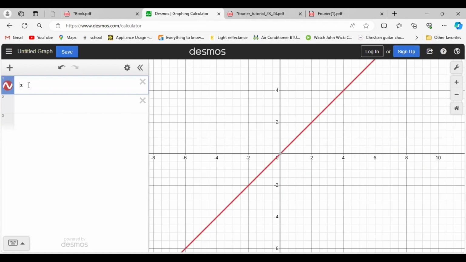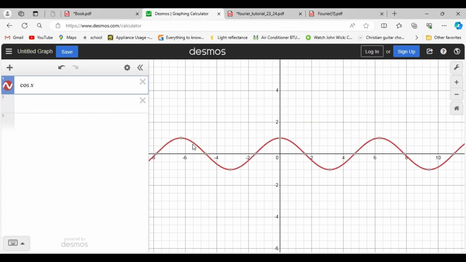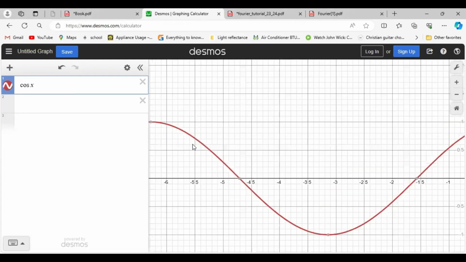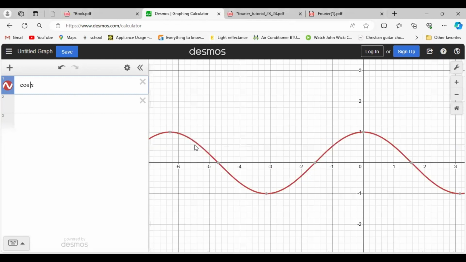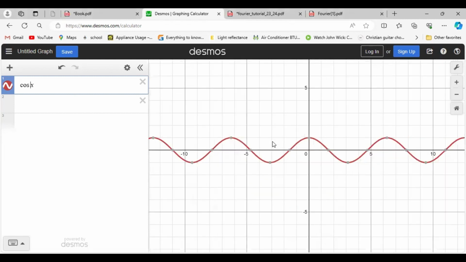So let's try cos. Cos, on the other hand, let's pick a period, right? Let's see where we could use the period. We'll start here and go to here. Let's see, the area above will be equal to the area underneath, so this will have no DC component, right?